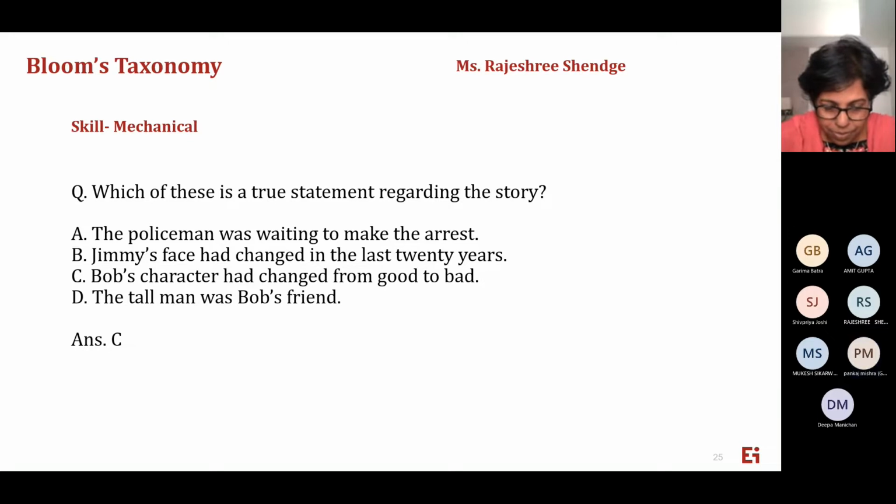So it's definitely a mechanical question, because the statements test the pre-reading of the story, whether the students have read the whole story or not. So it tests just the facts. So it's a mechanical question. Okay, thank you.